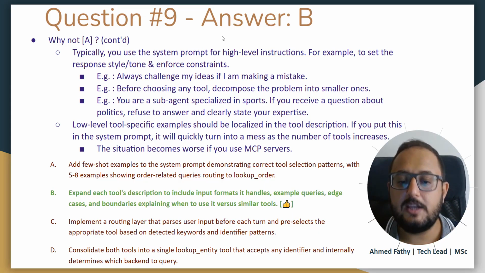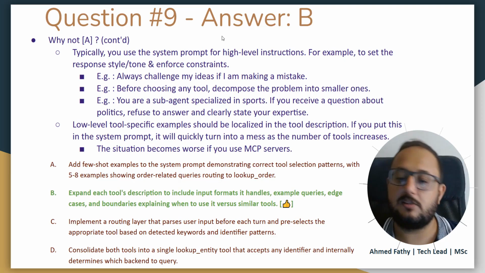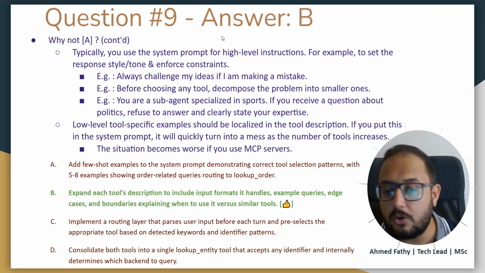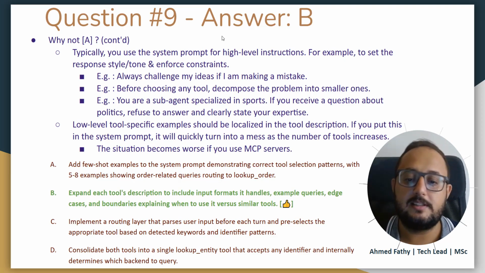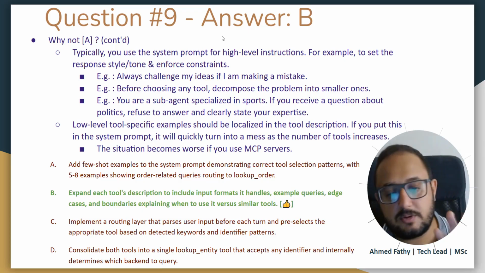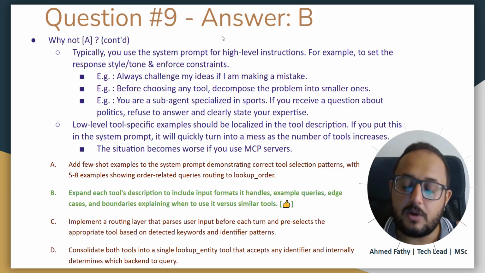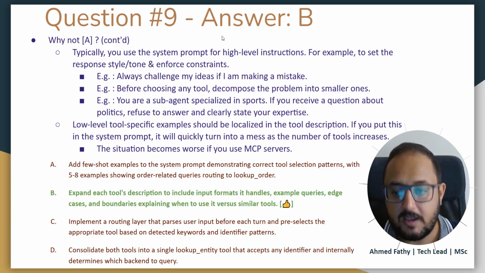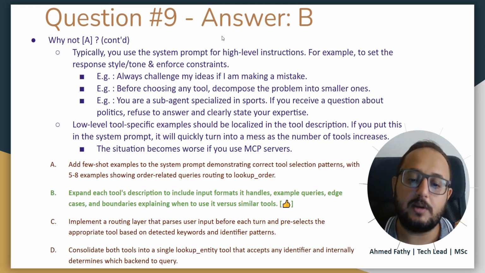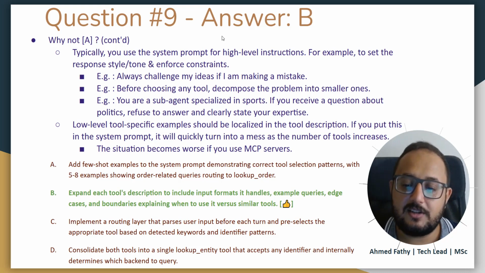You are a sub-agent specialized in sports. If you receive a question about politics, refuse to answer and clearly state your expertise. This could also belong to the system prompt, although you can also use more deterministic guardrails for this case. Low-level tool-specific examples should be localized in the tool description. If you put this in the system prompt, it will quickly turn into a mess, especially as the number of tools increases.